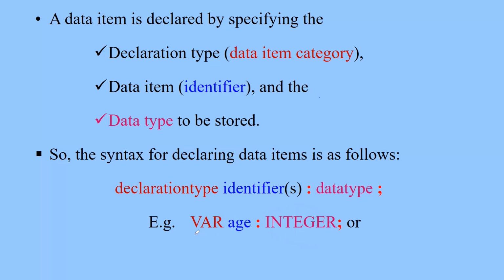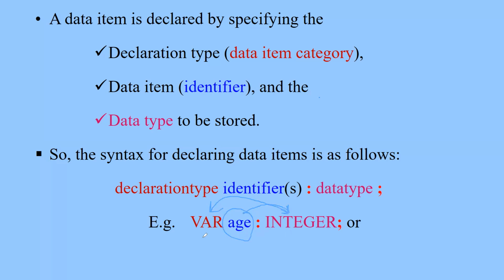I repeat, this statement tells the compiler to set a memory location aside called age that will be holding data which will be changing, and that data will be a whole number.